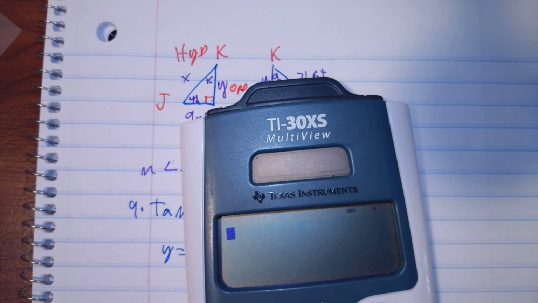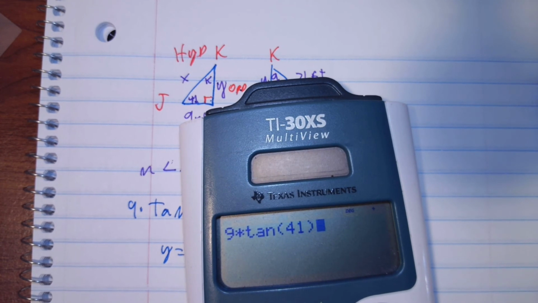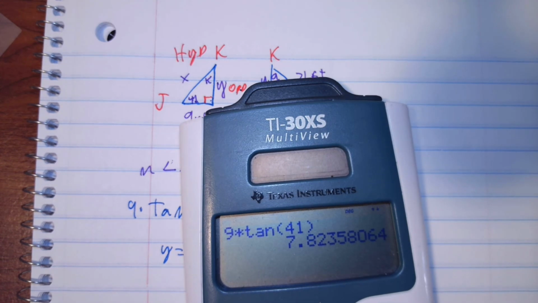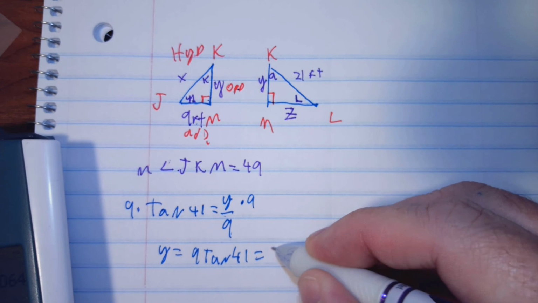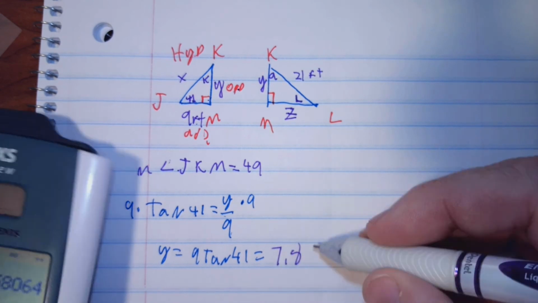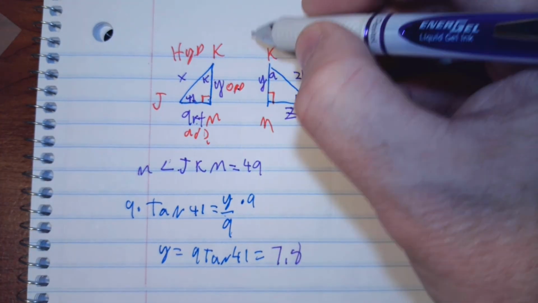I don't like the way that looks, so I'm going to do it this way. 7.8. Does it tell me to round? It doesn't really tell me to round, but I'm going to go ahead and round it anyways, to make sure it works out. So this Y equals 7.8.